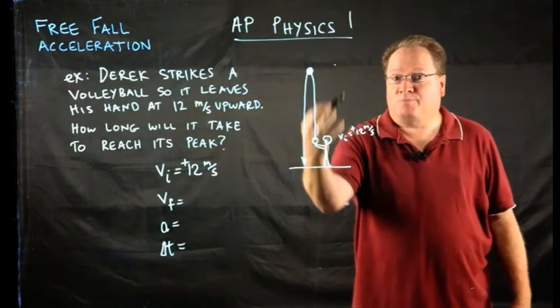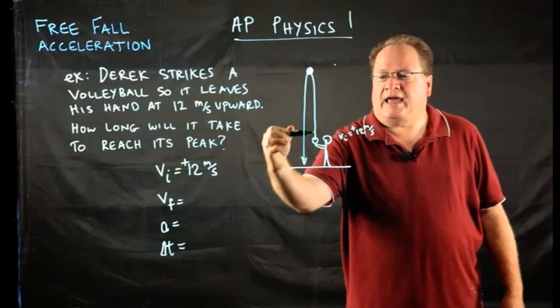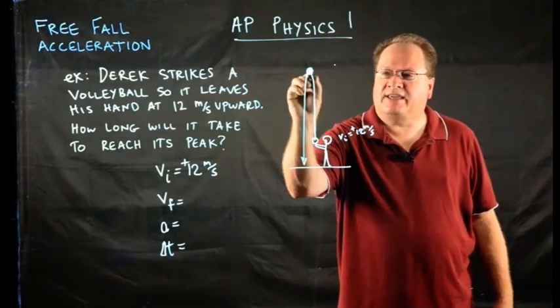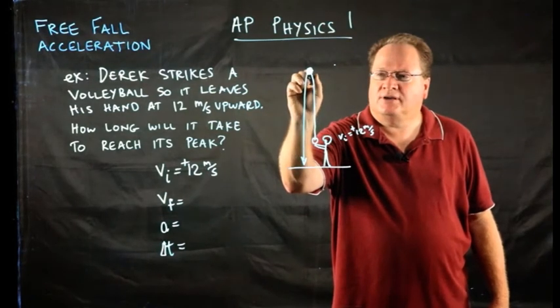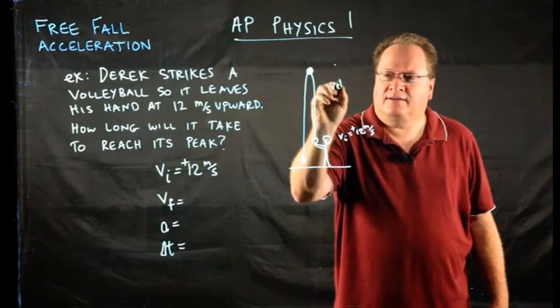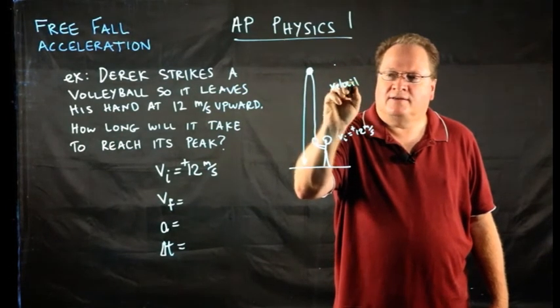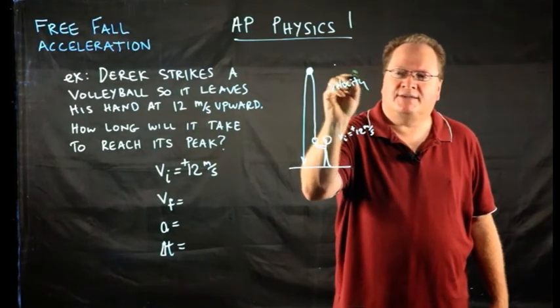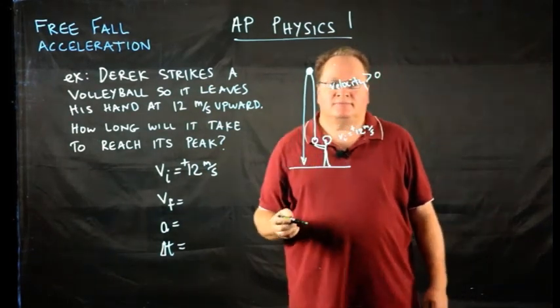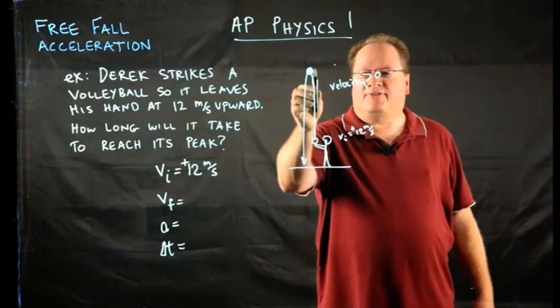Because gravity's pulling down as this ball's trying to go upward, it's slowing, slowing, slowing, slowing. And what can you say about this location? Well, up to that location, your velocity was always greater than 0. All right, it was positive. It was greater than 0.